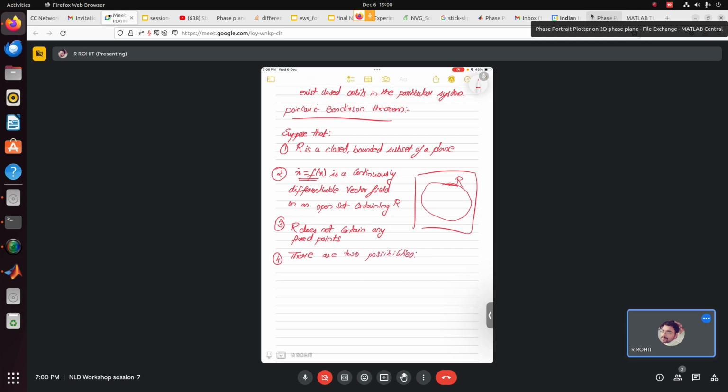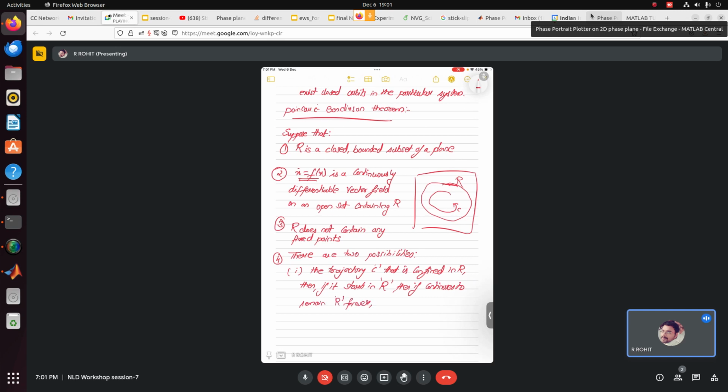Either the trajectory, say you have a trajectory C inside the system that is confined in R, so if it starts in the region R, then it continues to remain in R forever.